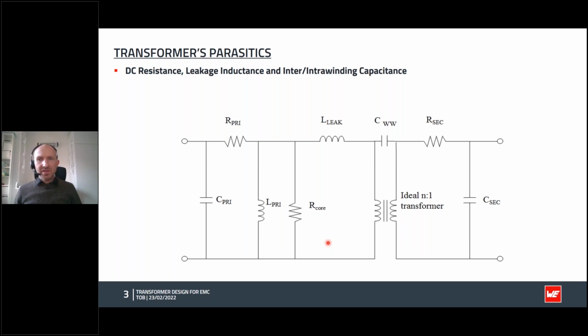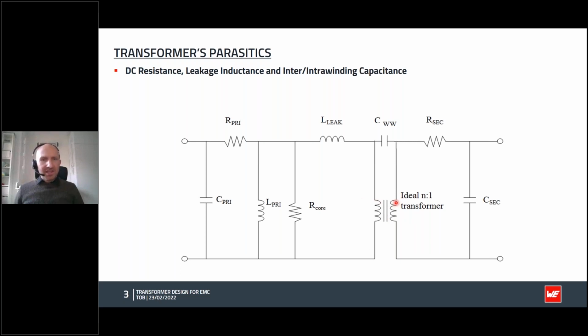So firstly, today we're going to look at a model for a transformer. This is very important because the transformer is not an ideal component. If it were, the ideal scenario is we just have inductance as a parameter on the primary winding here and also on the secondary. And we have our turns ratio of primary to secondary.